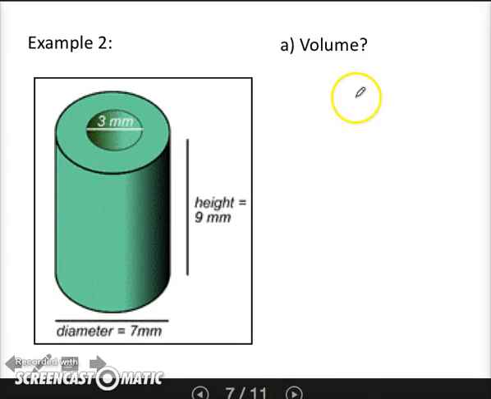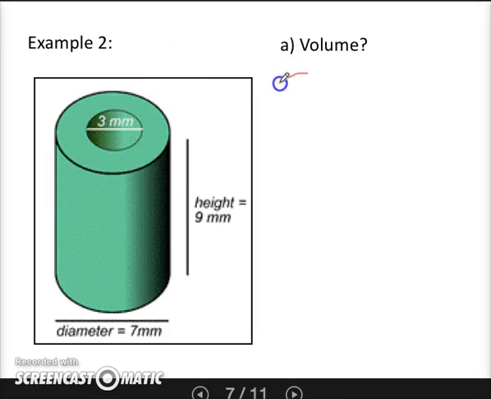Okay, I'm going to do one more example for you, and this time I'm just going to sketch it out. I'm not going to get into the nitty-gritty of the numbers. I just want to show you a strategy for a composite solid where, instead of adding 2 shapes together, we've drilled out a hole in the center of this shape.